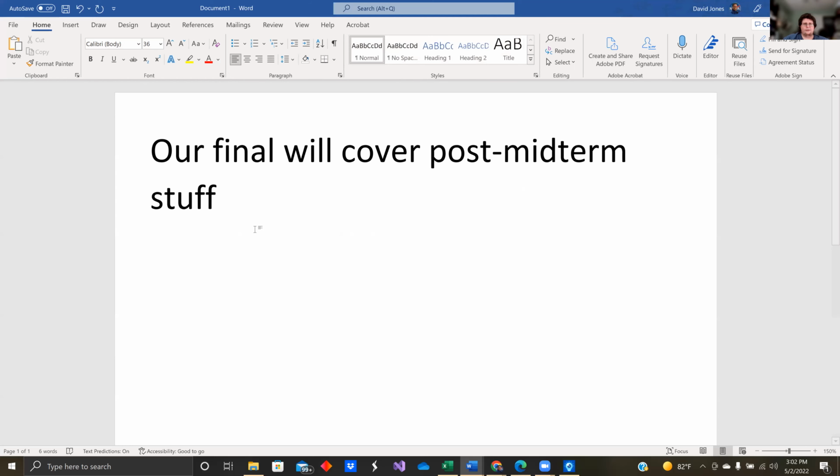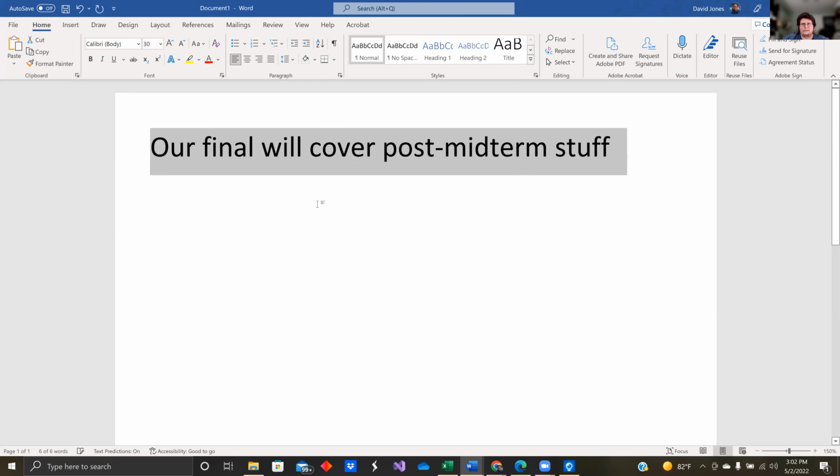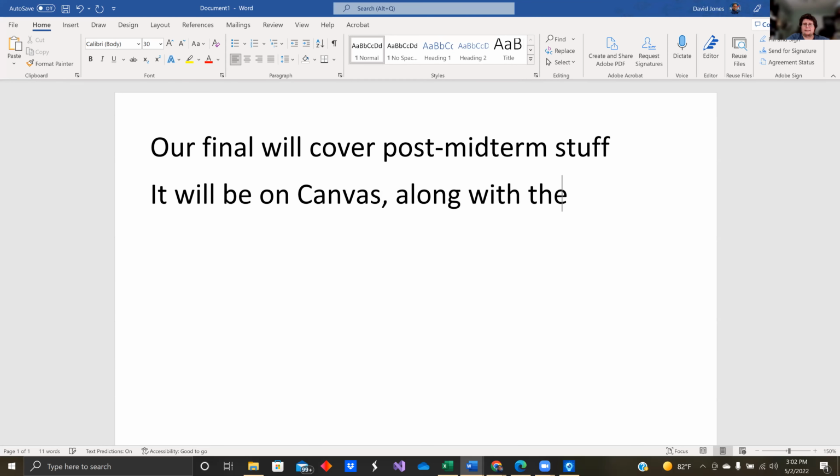That might be a little too large. Can't fit as much on there as I want. Let's make that a 30. There we go. Okay, and it will be on Canvas along with the practice.